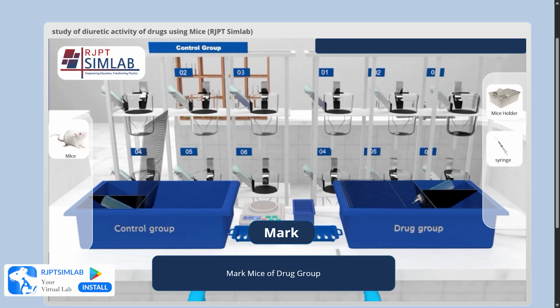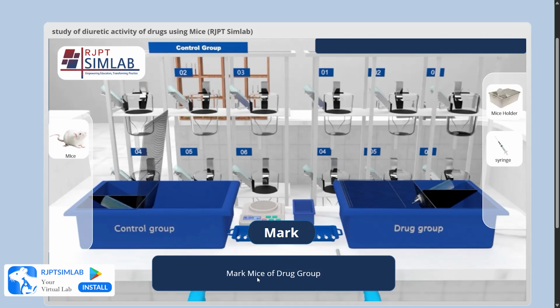This is the metabolic cage over which we will place our mice after inserting the saline and the drug solution for the collection of the urine. Below the metabolic cages, as we can see over here, test tubes are placed. In the test tube, there are graduations prepared so that when we collect the urine sample, they are measured with the help of the graduation in ml.